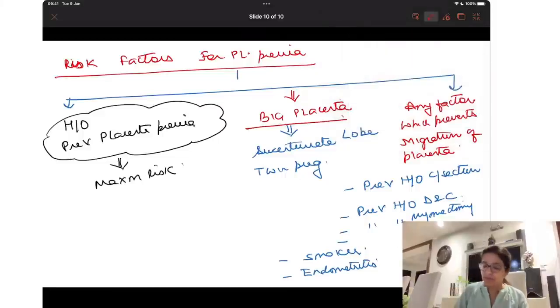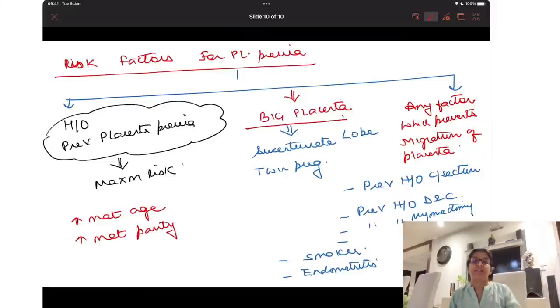Then please remember, increased maternal age and increased maternal parity, which means that placenta previa is more common in multiparous females.